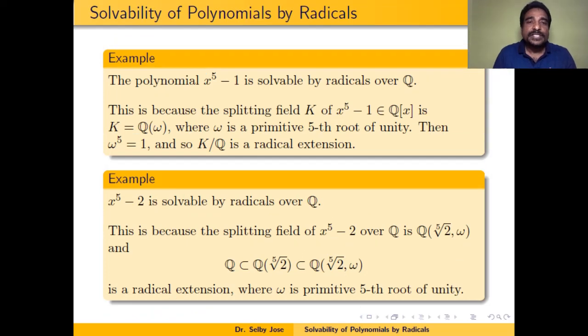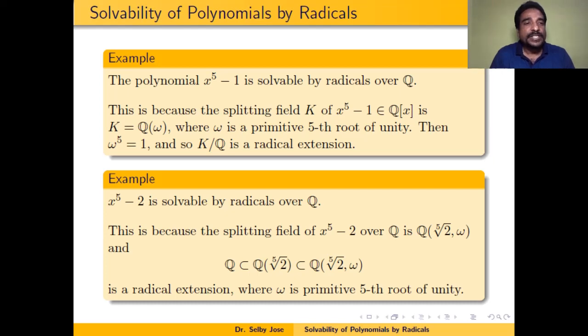So let us see some examples of a polynomial solved by radicals. For example, the polynomial x^5 - 1 is solvable by radicals over Q. Now what is the splitting field of x^5 - 1? It is the same as Q(omega), where omega is a primitive fifth root of unity.